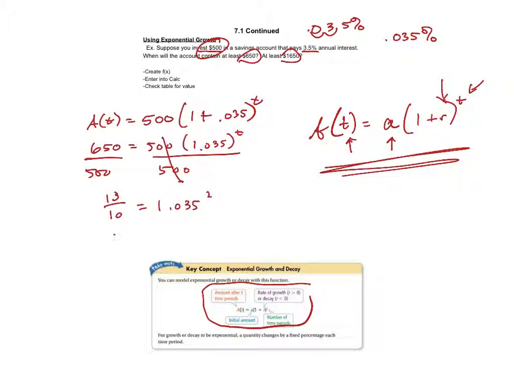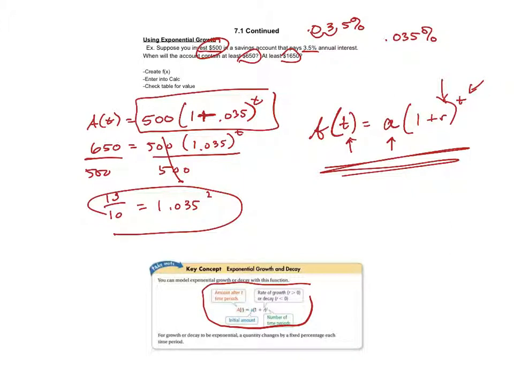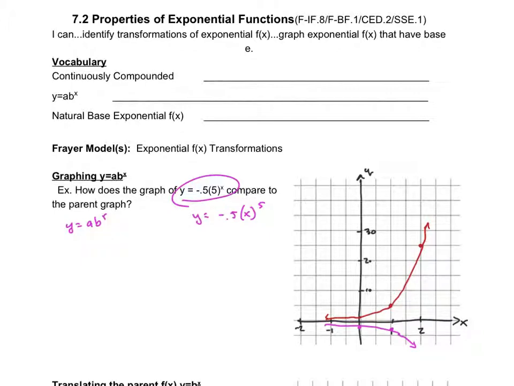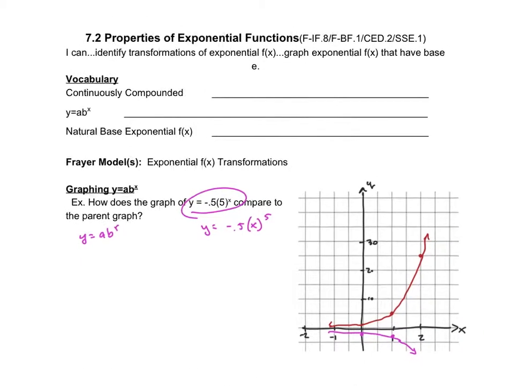I came up with this little thing right here, but what I could have done is just taken this function right there off the bat and put that into the graphing calculator and looked at my table data and seen when does it turn into 650 and when does it turn into 1650.